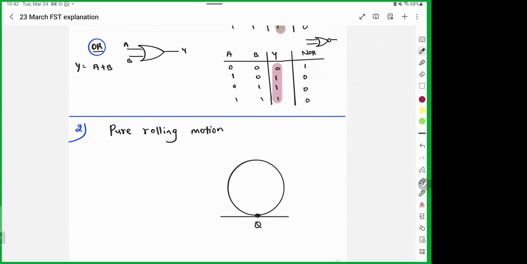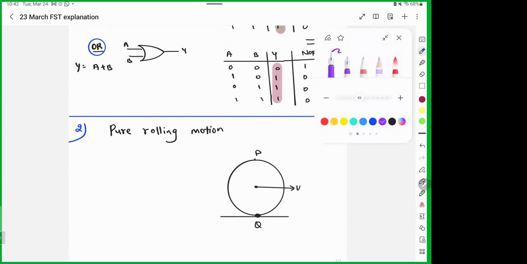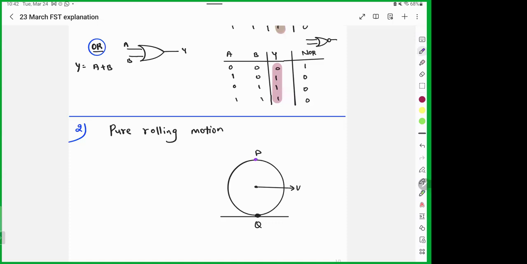So this is Q point, this is P point, and center of mass is moving with velocity V. So at P point, velocity will be double. Here you have 2V. At Q point, velocity will be 0.